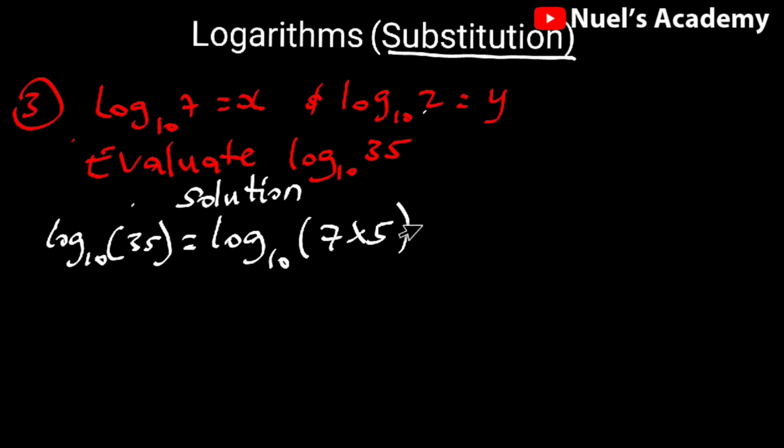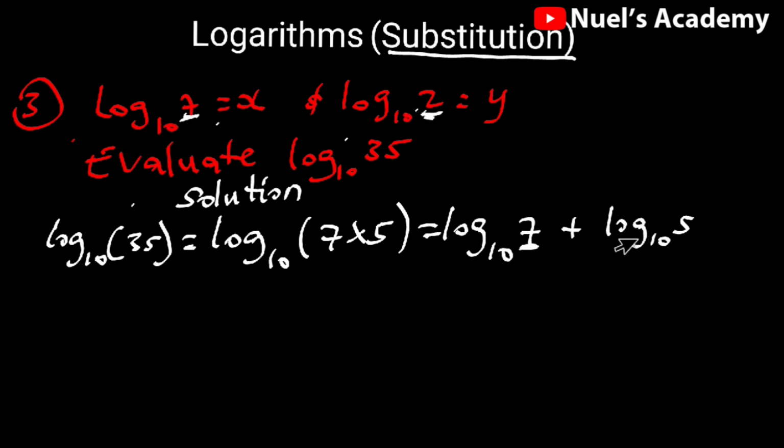And so this becomes log base 10 of 7 plus log base 10 of 5. But if you look at what we are given, we are given log 7 and log 2. We already have 7, but we don't have 2. So how do we get 2 from this 5? We know that this 5 is equal to 10/2. Alright, 10 divided by 2 is equal to 5.